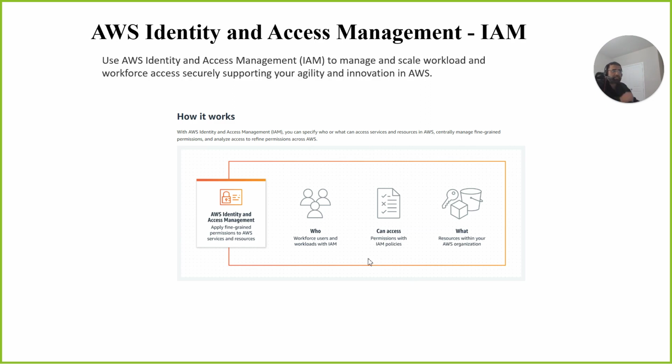This is the Identity and Access Management service, and if you see, there are three things here: who can access what. This is primarily what we have to configure and set up in a good way. Otherwise you cannot open every HR related stuff to every employee.